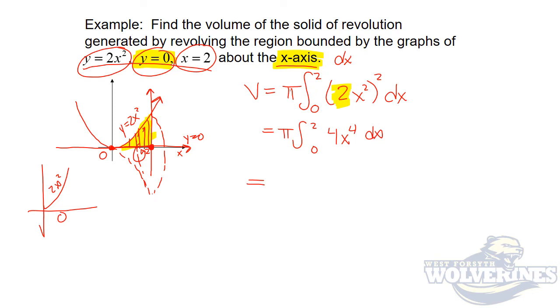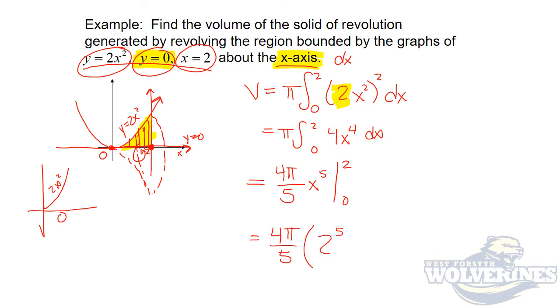Okay, and you can do the square brackets or not, that's a personal preference thing, but this is going to go up to x to the 5th power. So I'm going to divide by 5. I could stick that pi up there with the 4 from 0 to 2. And while I'm dealing with evaluating this, it's probably just easier to pull that 4 pi over 5 out. I'm sorry, it's been a very long day.